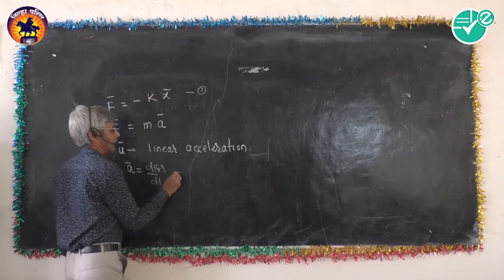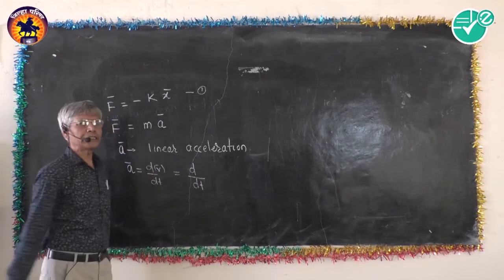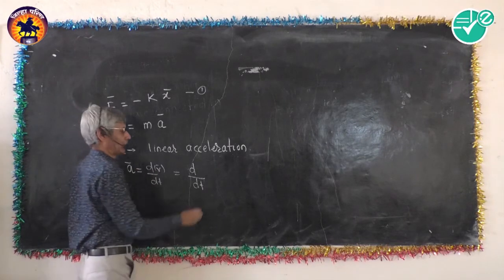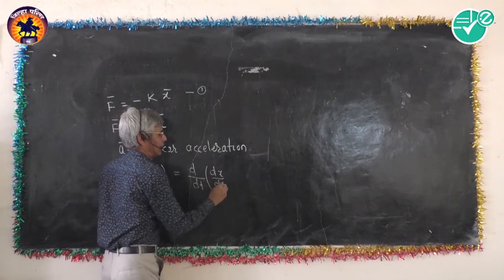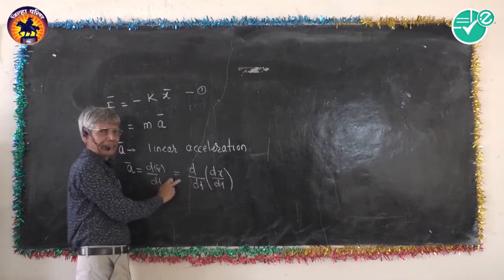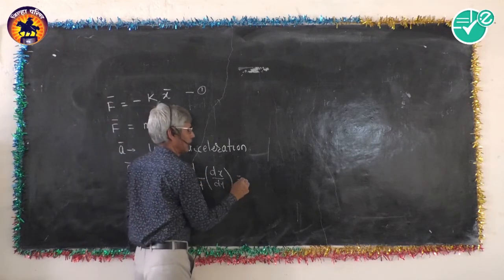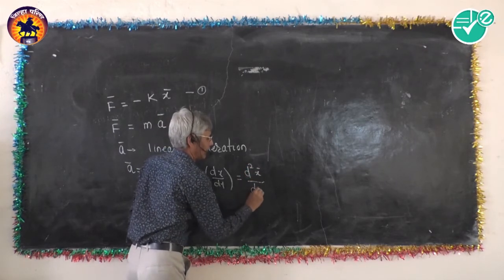Similarly, the linear velocity can be represented as the rate of change of linear displacement with respect to time. So dv by dt can be represented as d by dt of dx by dt, or as d2x by dt2.